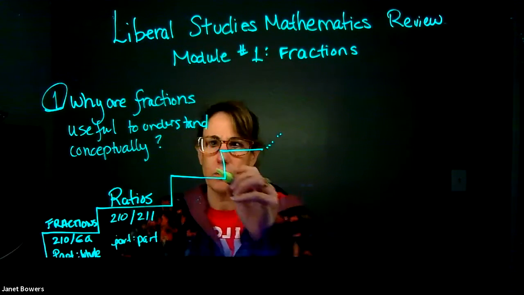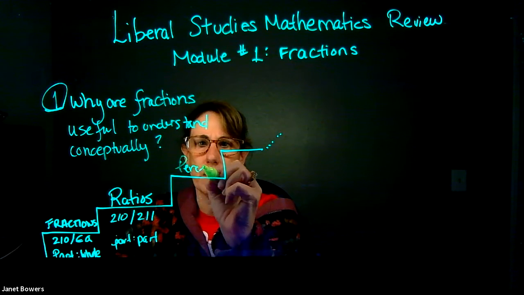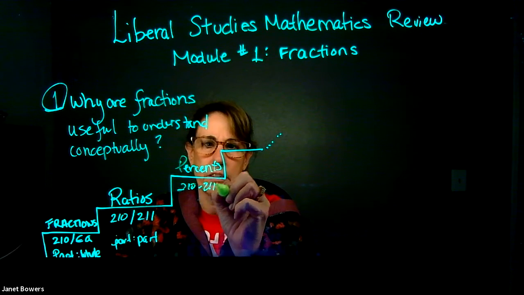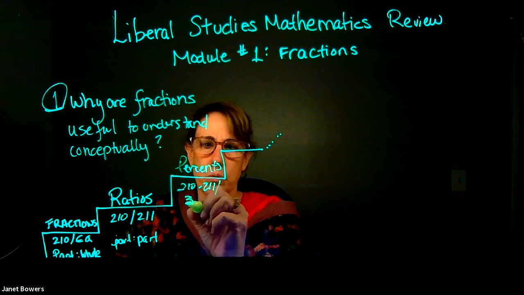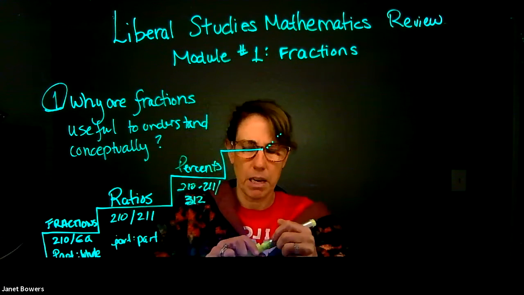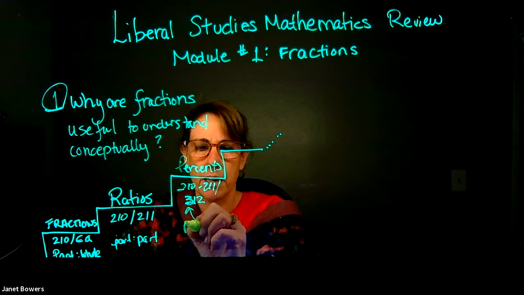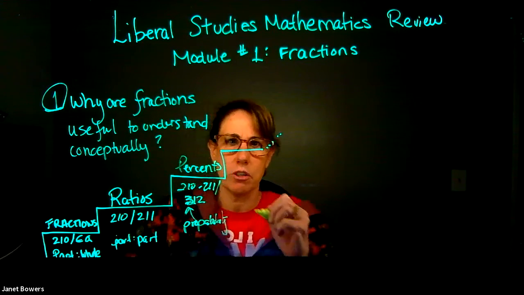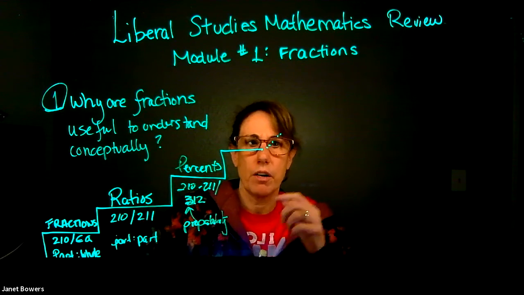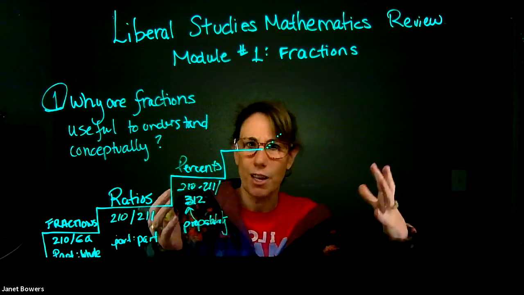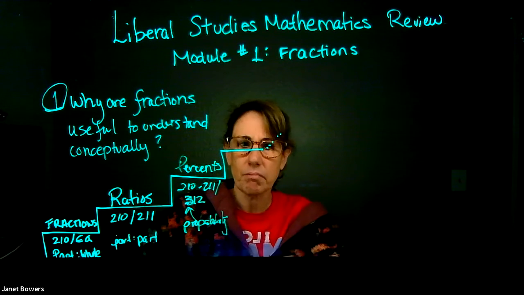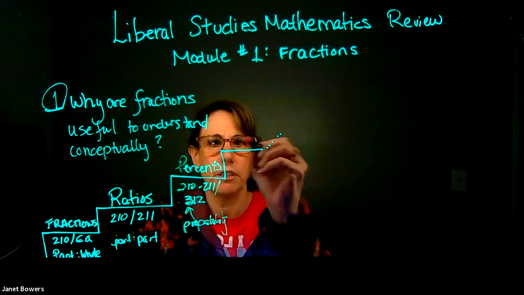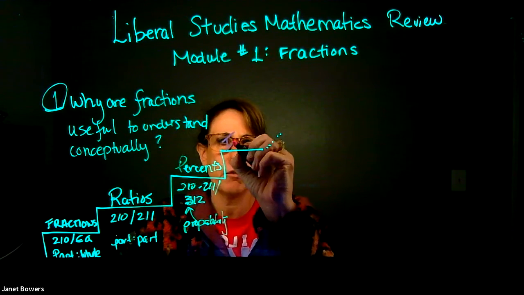At a third level, we have percents, which are used in 210, 211, and definitely in 312, because Math 312 is probability. Probability is usually described in terms of a number from 0 to 1 or a percent that something is going to happen. And finally, at higher levels, we have the idea of intensive quantities.